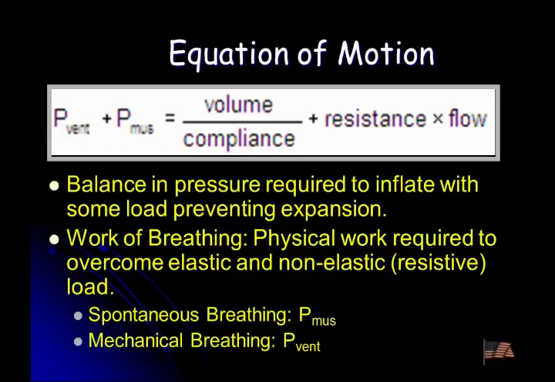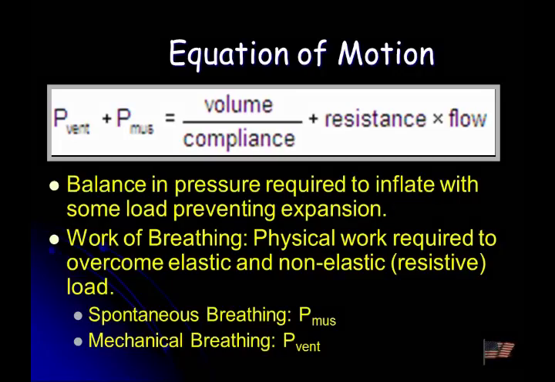Okay, so this all goes back to the equation of motion. Because what we're trying to accomplish is the left side of the equation based upon the right side of the equation, which is what the patient has. So there's got to be some sort of pressure creation to overcome the compliance and the resistance of the lung.